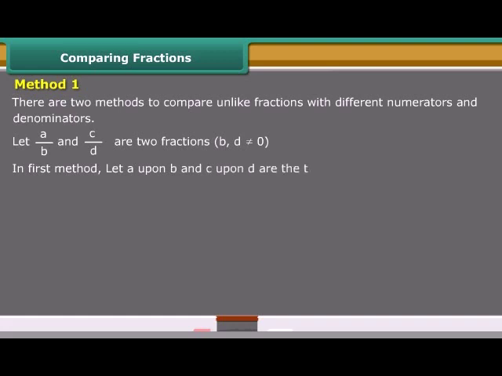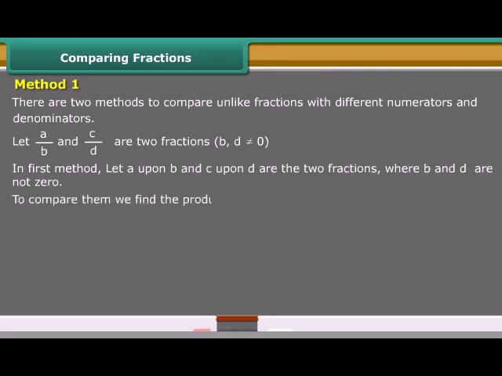Method 1. There are two methods to compare unlike fractions with different numerators and denominators. Let A upon B and C upon D be the two fractions where B and D are not equal to 0.